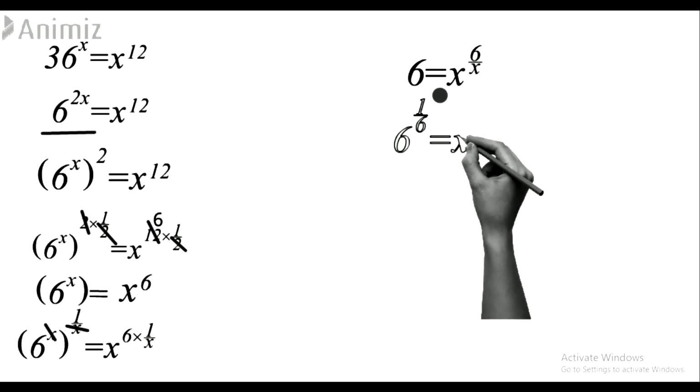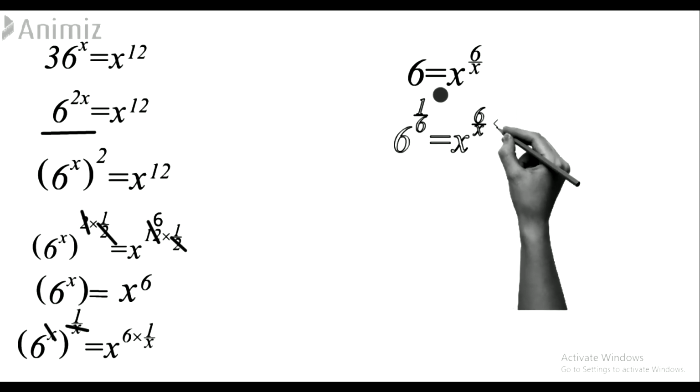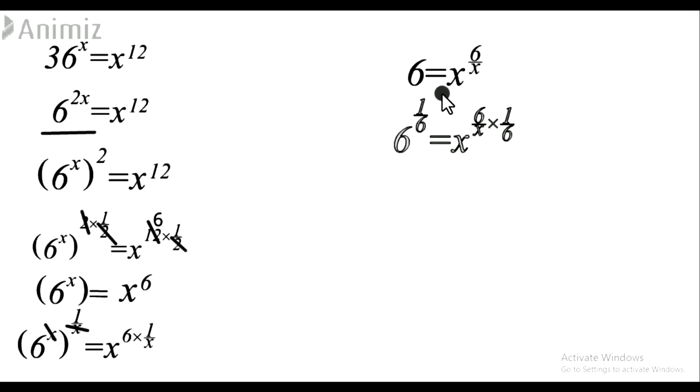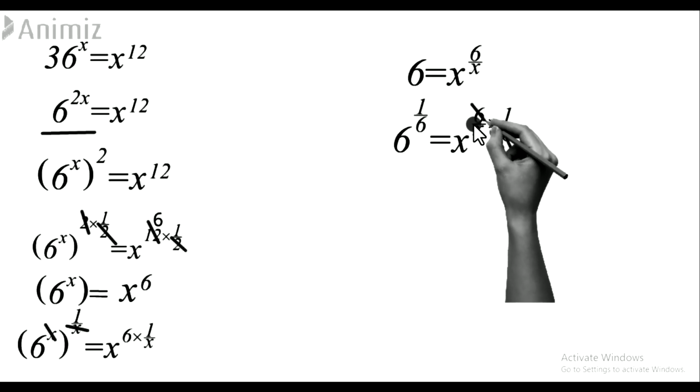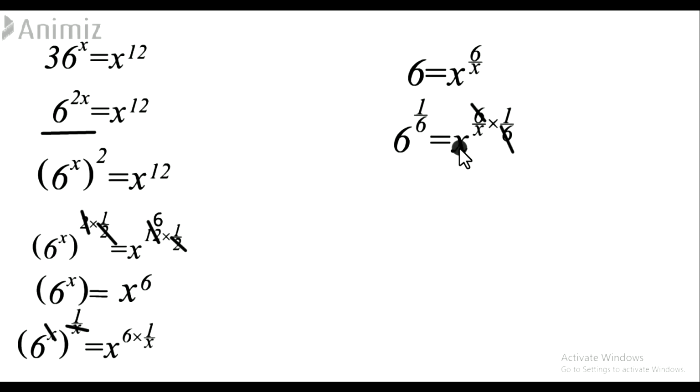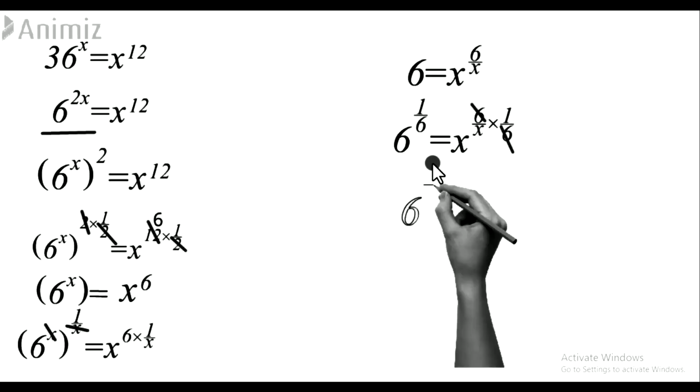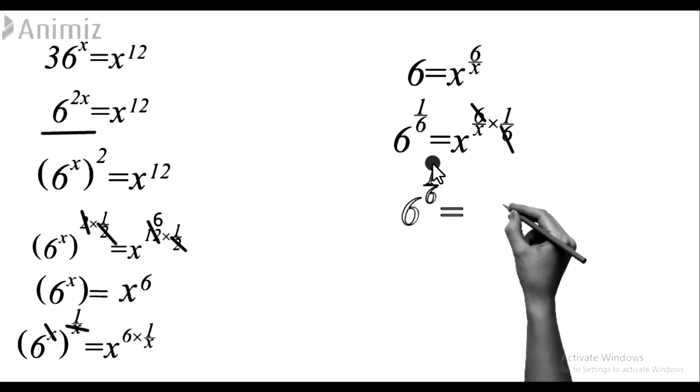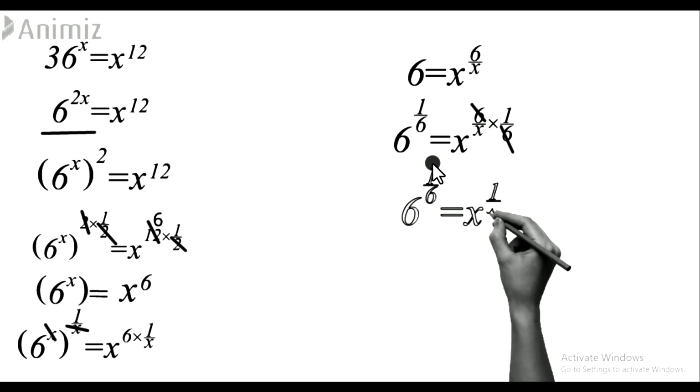We are getting x exponent 6 on x times 1 over 6. So let's simplify. The 6 will cross out the 6. So finally we are getting 6 exponent 1 on 6 is equal to x exponent 1 on x.